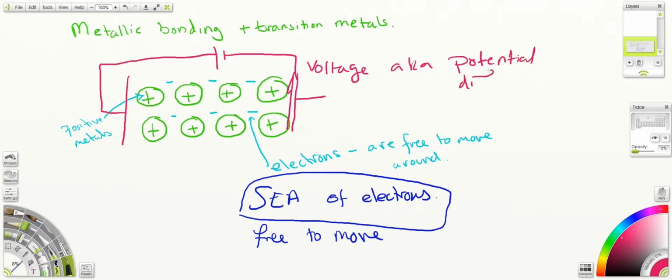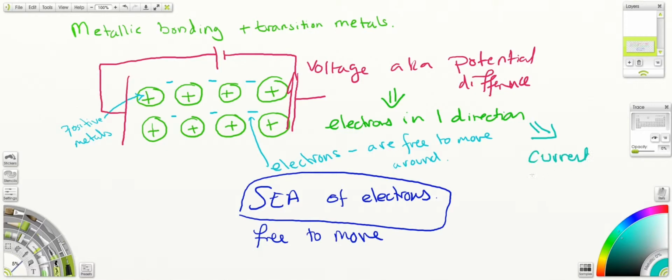If you add a potential difference to this sea of electrons, to this metallic bonding, it's going to make the electrons move in one direction. And because we have a movement of electrons in one direction, this is going to make a current flow. The movement of electrons, or a current flowing, is electricity.